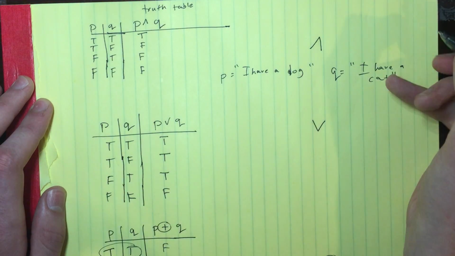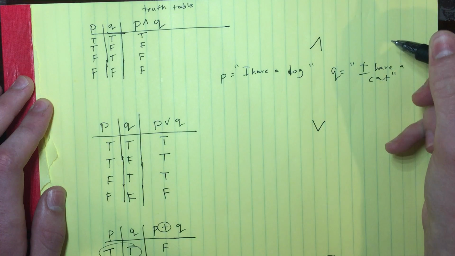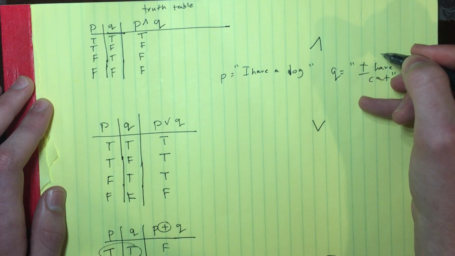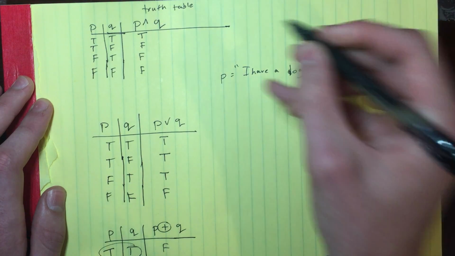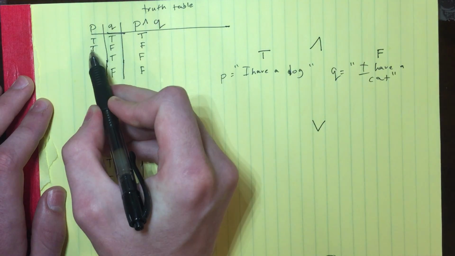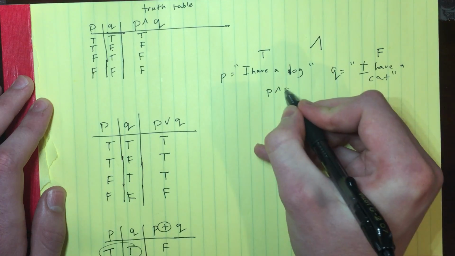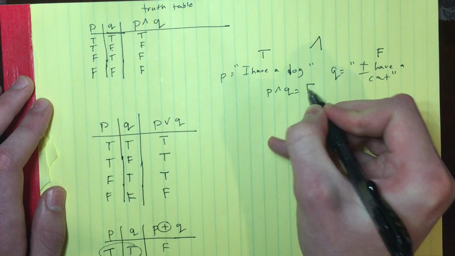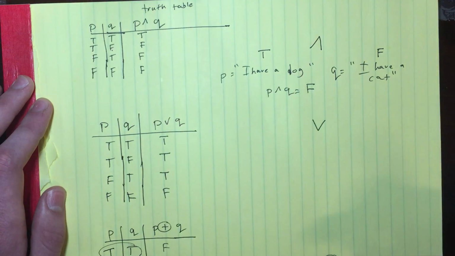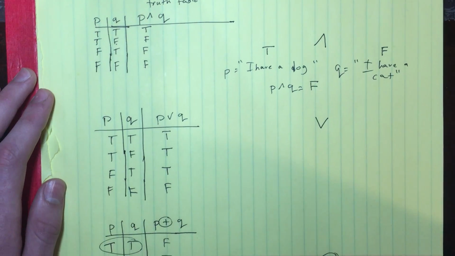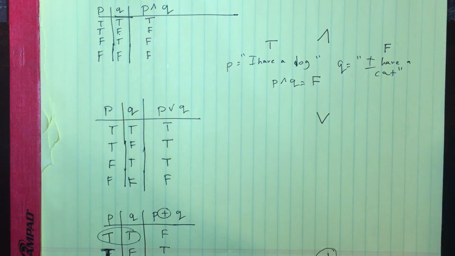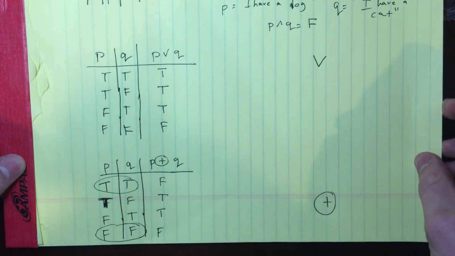If this one is false and this one is true, then you can look here, true, false, and the entire statement P and Q is false because you just read it over. And you can memorize these truth tables. It's easy to think about.